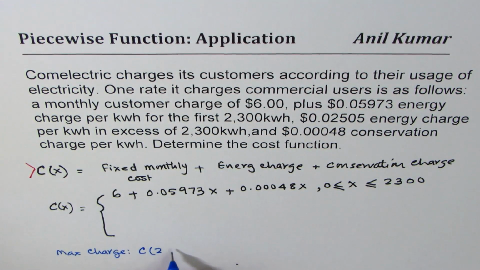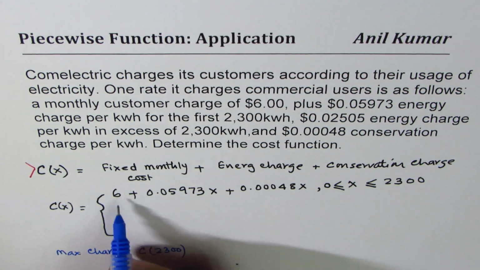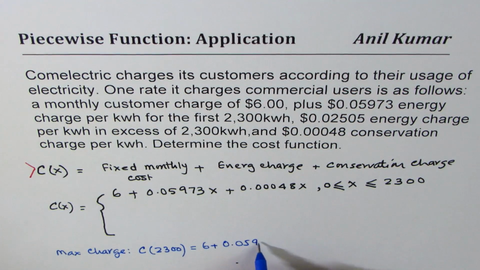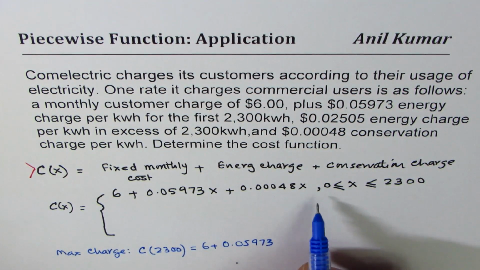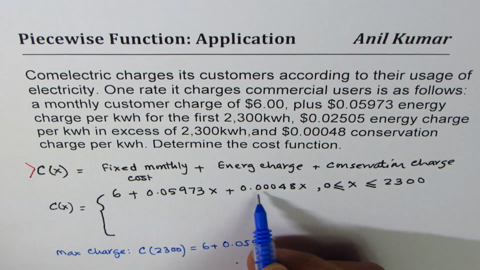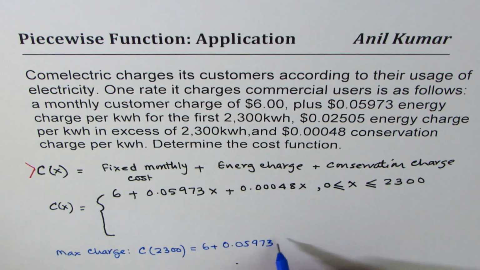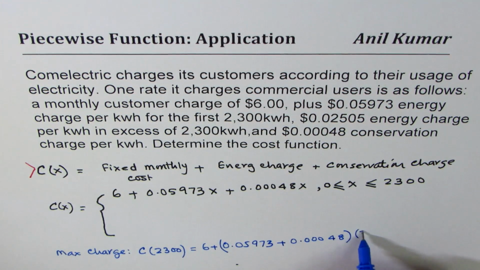So if I substitute 2300, what do I get? I get 6 plus 0.05973, and I can add this also because X is common, we can take X common, plus 0.00048 and then multiply by 2300.